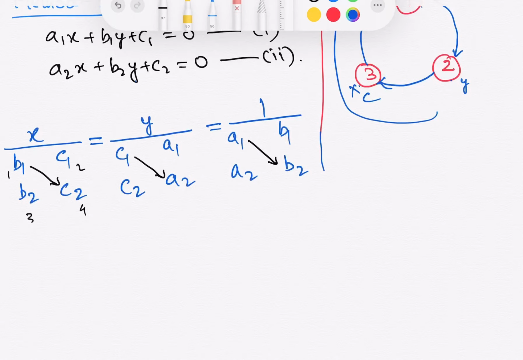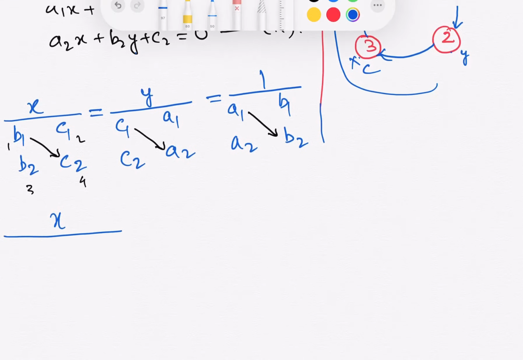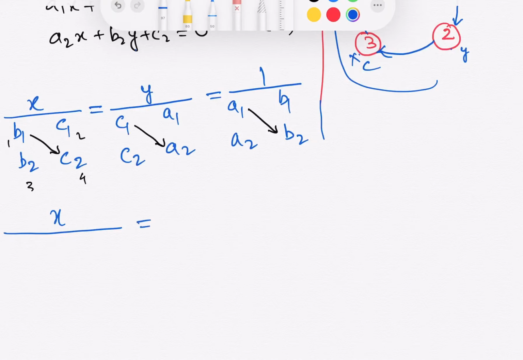Now here you write x divided by, equals to, y. So x divided by b1 downward arrow c2, which means b1 multiplied with c2, b1 into c2, this is the rule. Then you write the negative sign.